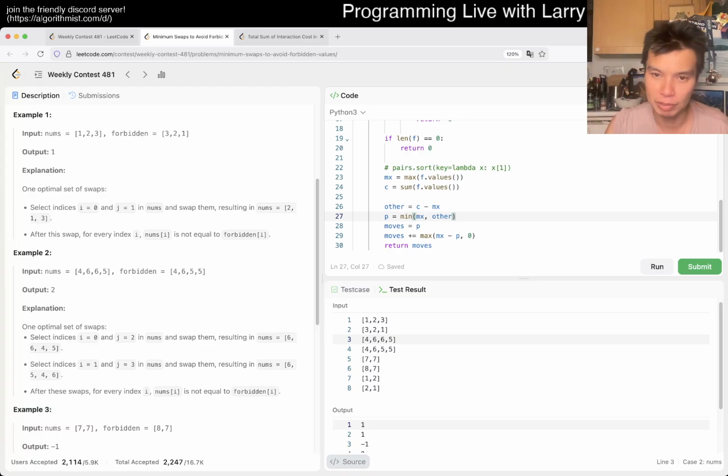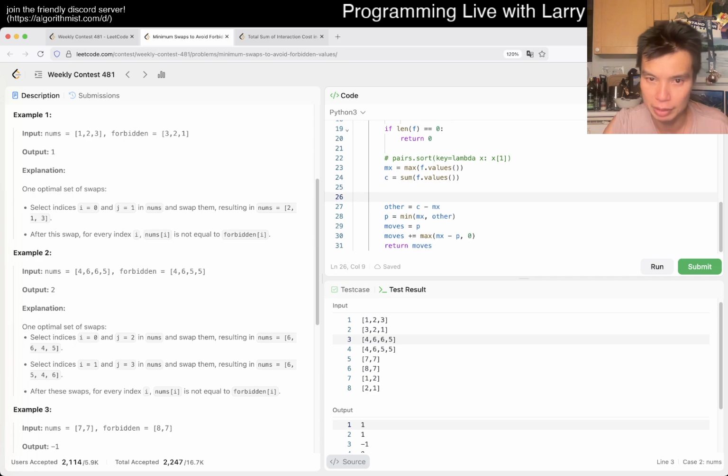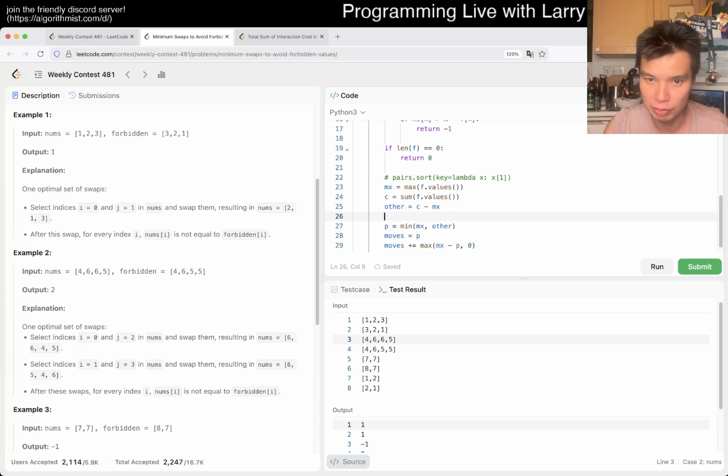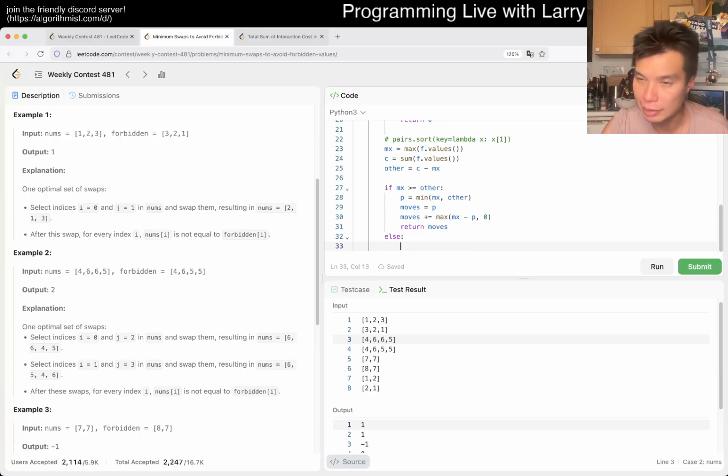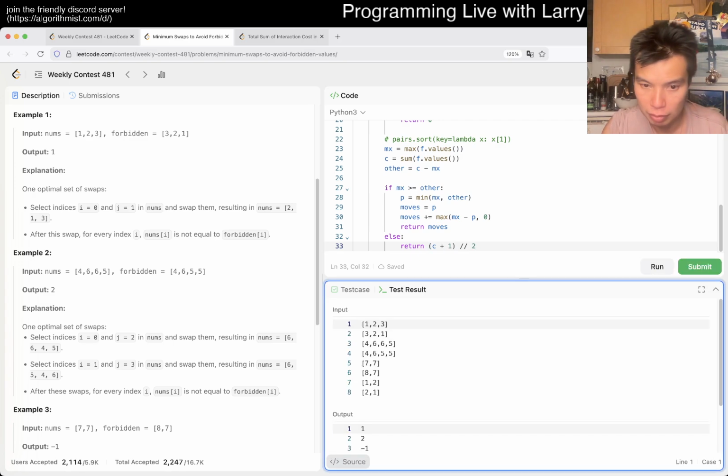Okay, so let me just, I'm trying to be too clever about this, but we can just write out the formula. If max is greater than or equal to other, then yeah, this is fine. Else, so max is less than other, then that means that everything can, yeah, so return c plus 1 over 2, so just the number of pairs rounded up.